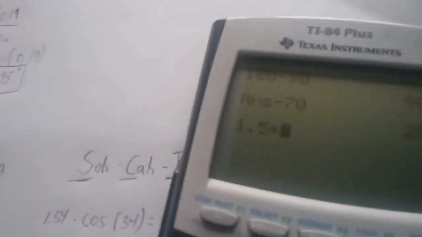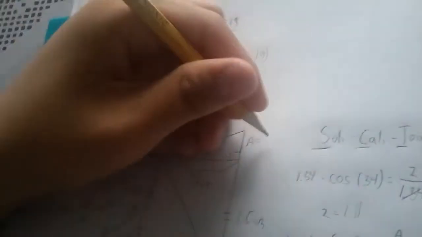And A shall give us 1.5 times tan of 20, which gives 0.55 rounded. So A is equal to 0.55.